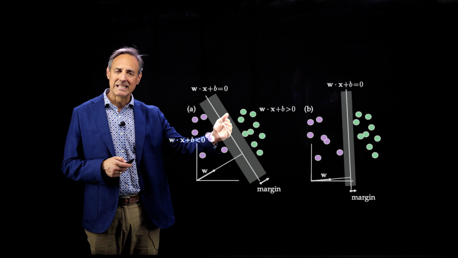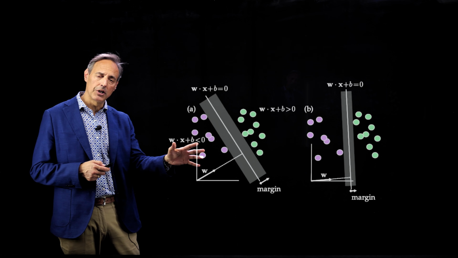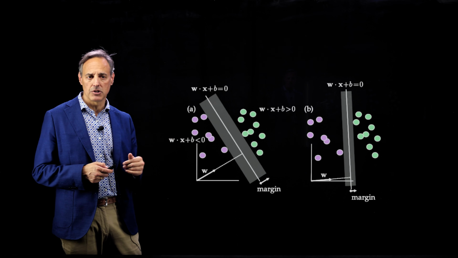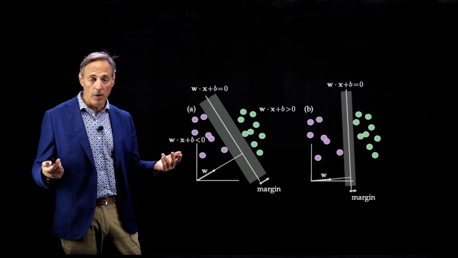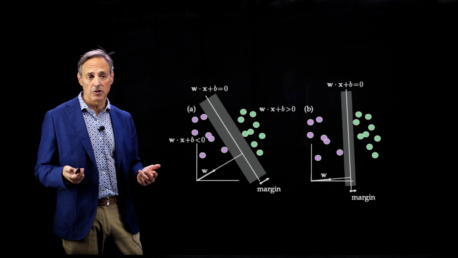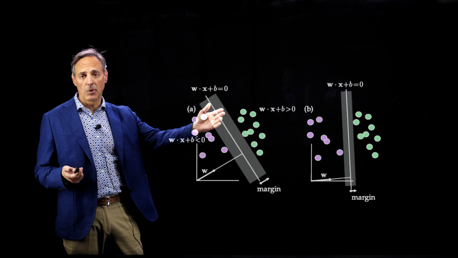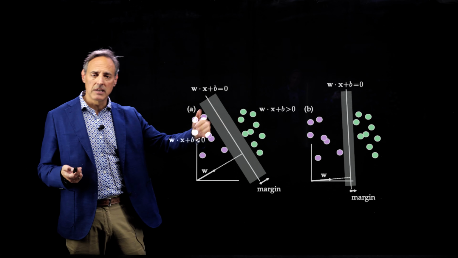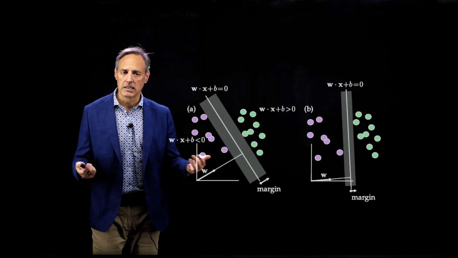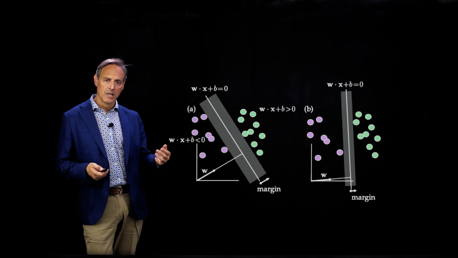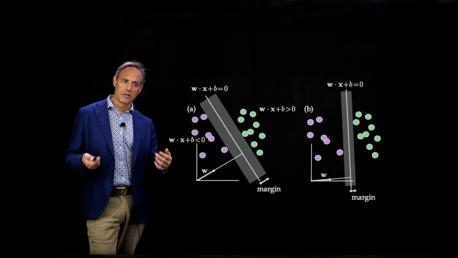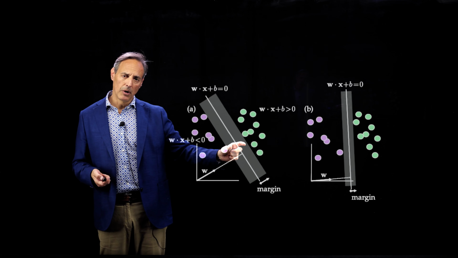If w·x + b is less than 0, you're over here in the space of the magenta balls. So one way to think about what the classifier is going to do is, if I can find this plane, w·x + b = 0, then anything on either side will give me the classification I need.